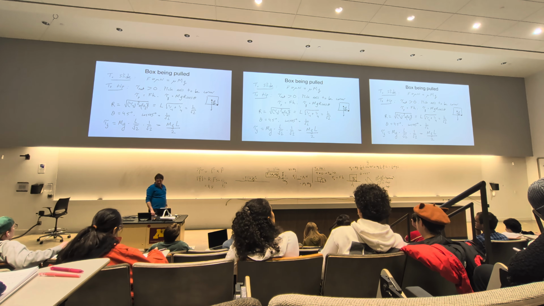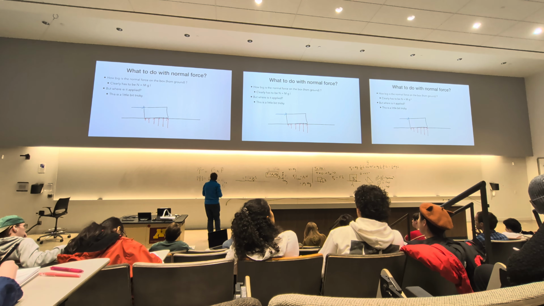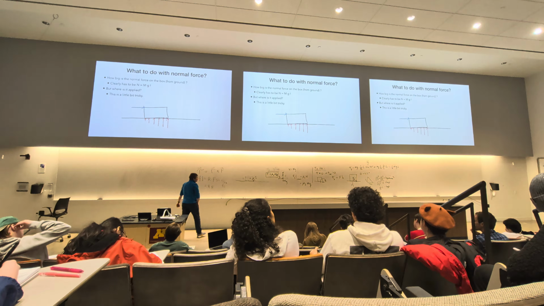Okay. So the last thing that we got to deal with before continuing is, what about the normal force? Well, think about it this way. Let me redraw what's on the board, maybe over here.